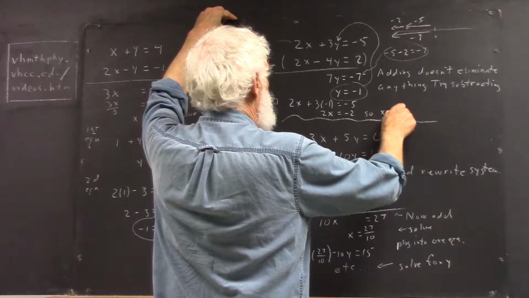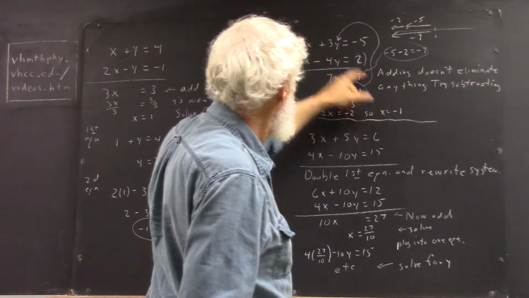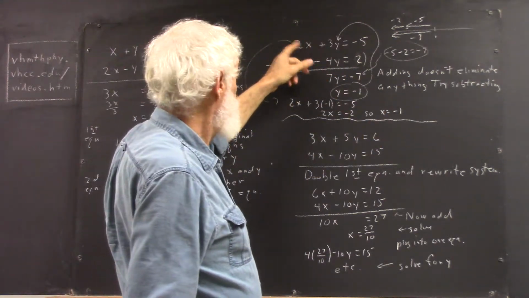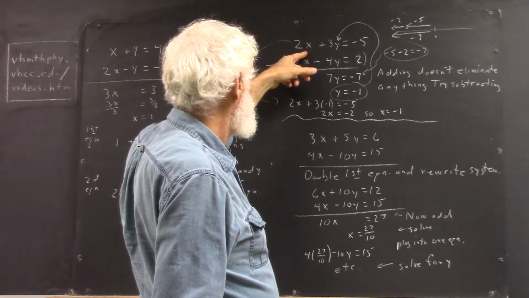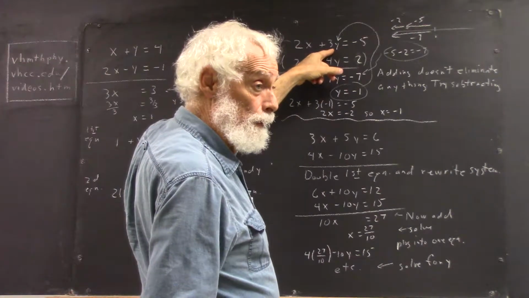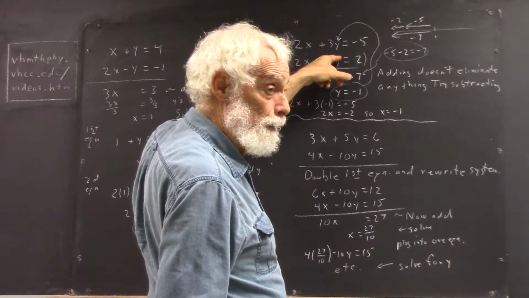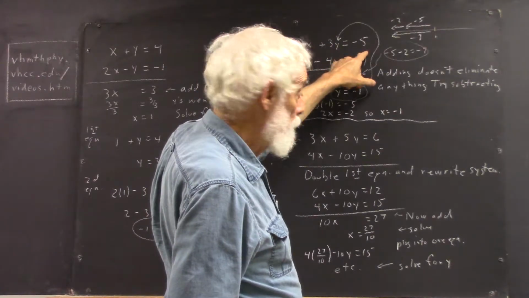So x is -1. I don't have room to do it, but if we put -1 in here, we get 2 times -1, that's -2. And if we put -1 in for y, we get 3 times -1, which is -3. -2 and -3 is -5, and that verifies.